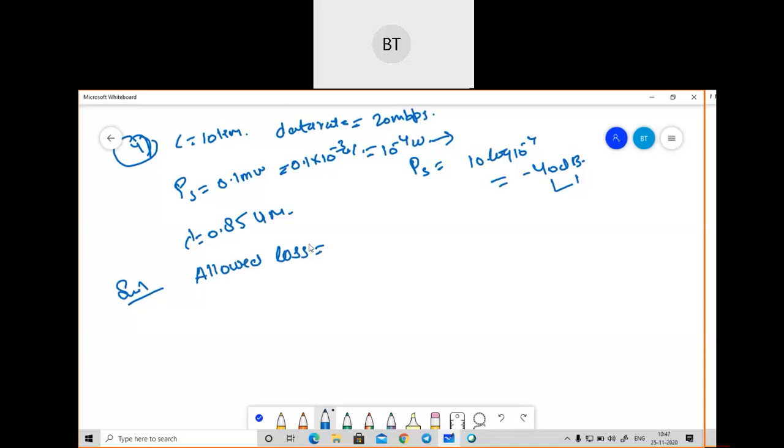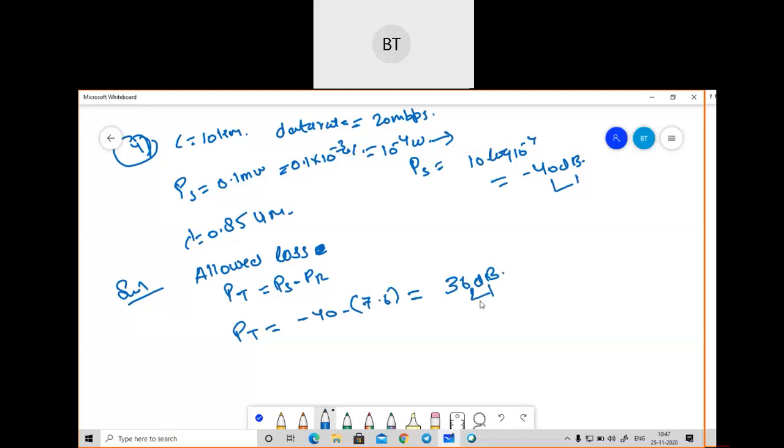I can write here that power transmitted, source power minus received power, is our allowed loss. Our source power we have already calculated, minus 40 dB, and received power is 7.6, so what I am getting here is 36 dB.